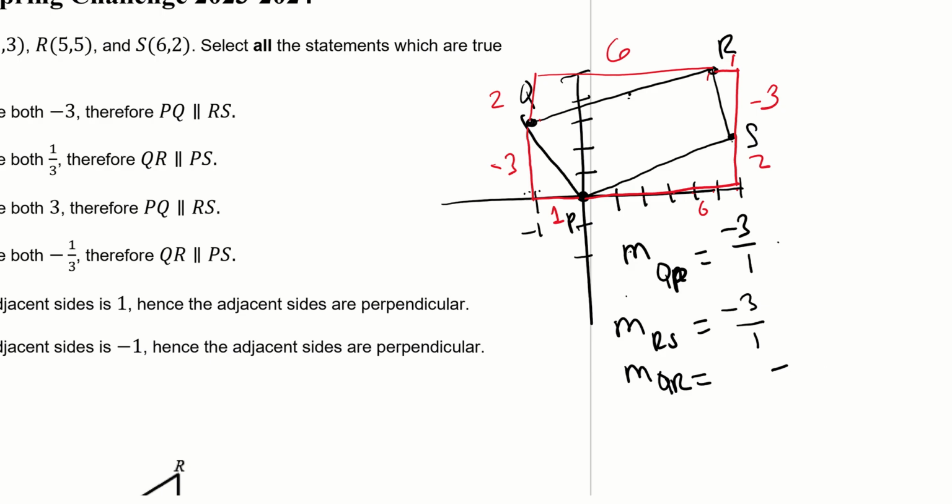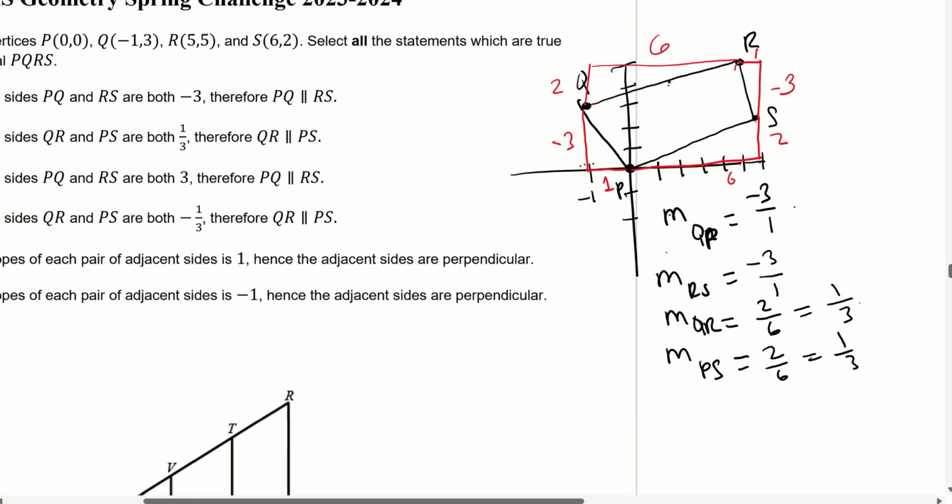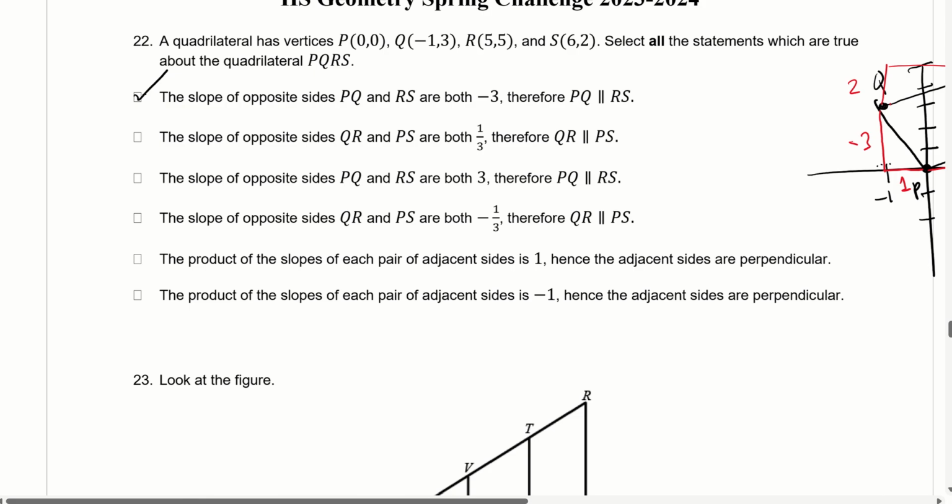Or rise over run is, sorry, it's 2 over 6. Rise is 2 and then run is 6, which is 1/3. And then the slope of PS is up 2 over 6. So it's the same thing. So that means that these are parallel, right? And they're equal to 1/3. So therefore, they're parallel, so that's good. So that means we have a parallelogram because opposite sides are parallel.